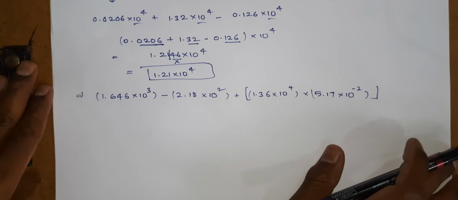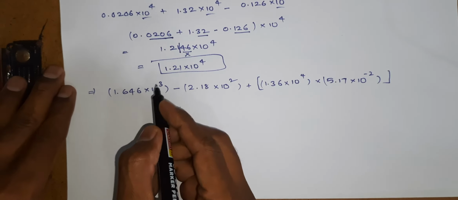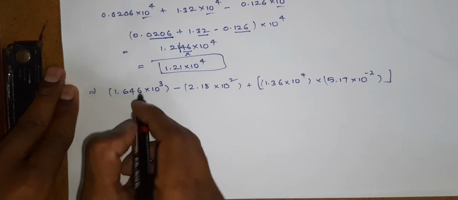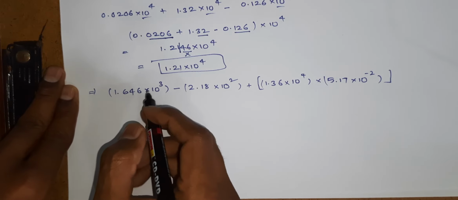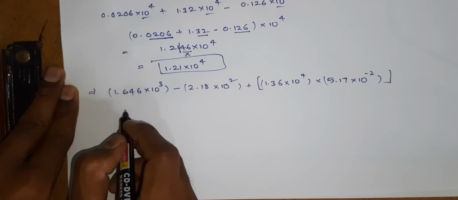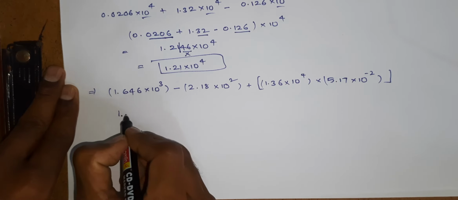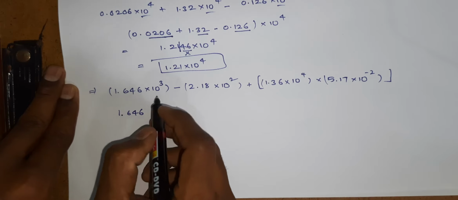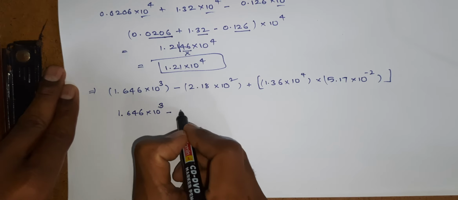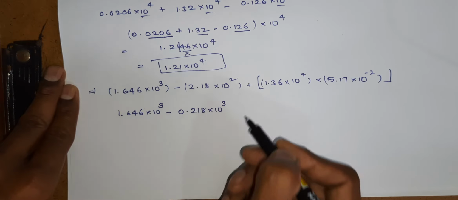Coming to the next one, here also it is the same. Write the large quantity, which is this one: 1.646 into 10 to the power of 3, minus 0.218 into 10 to the power of 3.